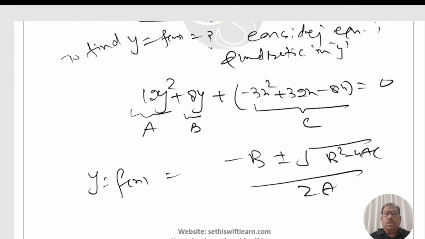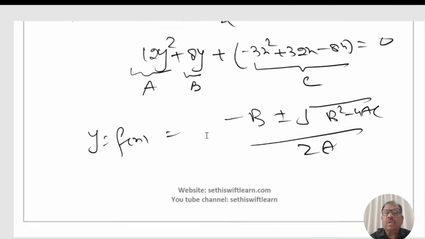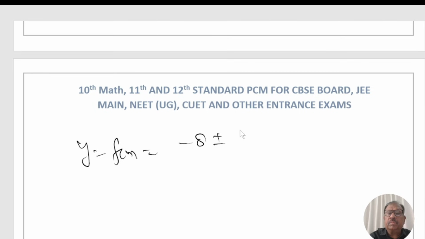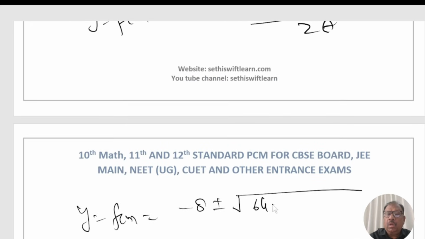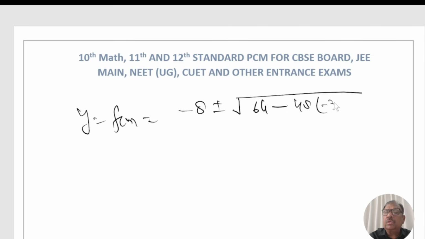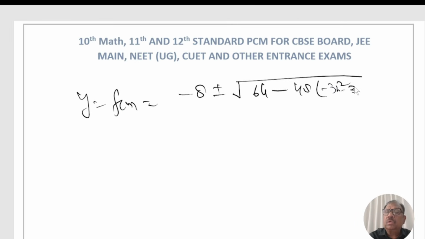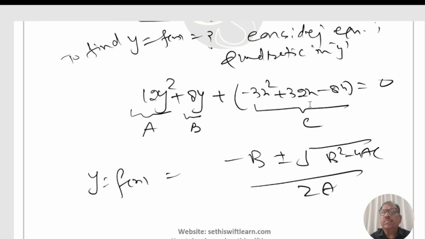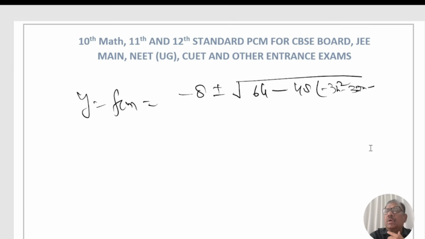Now substituting the values, f(x) equal to minus 8 plus minus under root 64 minus 4 into 12, 48, into minus 3x square plus 32x minus 84, upon 2a, that is 24.